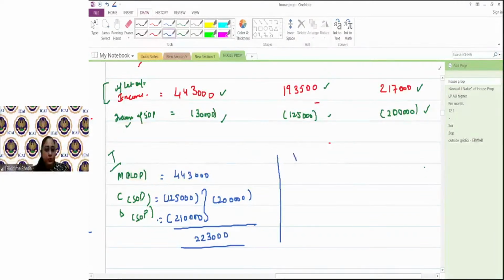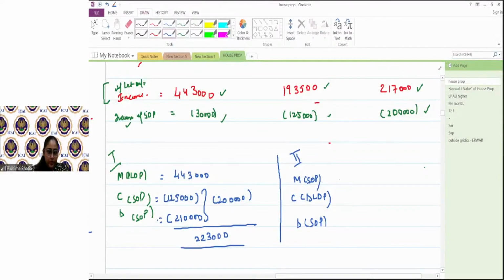Now case 2, if I assume my Mumbai property to be self-occupied, Chennai property to be deemed let out property, and your Delhi property to be self-occupied, because maximum 2 self-occupied मान सकते हैं, तीसरे को deemed let out मानना पड़ेगा. अब deemed let out, which property would be the deemed let out property would depend upon in the combination where I'm having the least income.